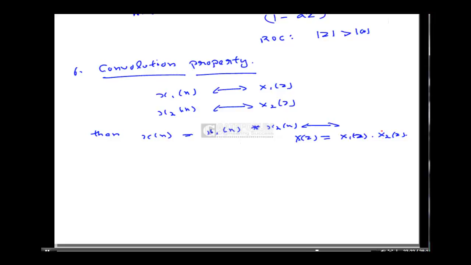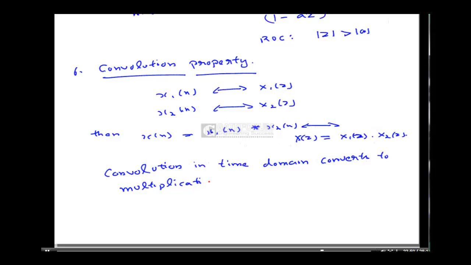Okay, so this is a way the convolution in time domain goes to multiplication in Z domain. Write down, remember this point, convolution in time domain converts to multiplication in Z domain.